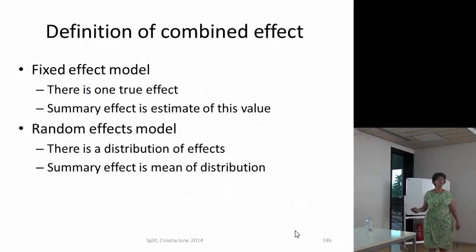Can I ask a question? Of course. In genetics, we usually do both fixed and random effect models, and then we compare the two. We also look at the heterogeneity value, and we do the random effect models even if the heterogeneity value is fine, say zero. And then we compare, and usually it will be very similar.